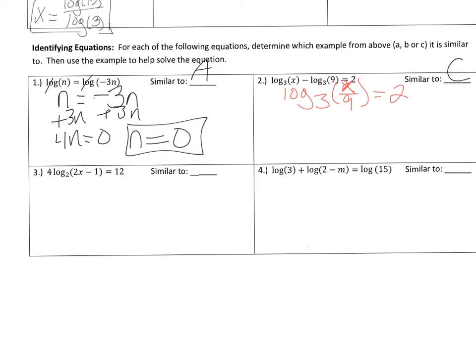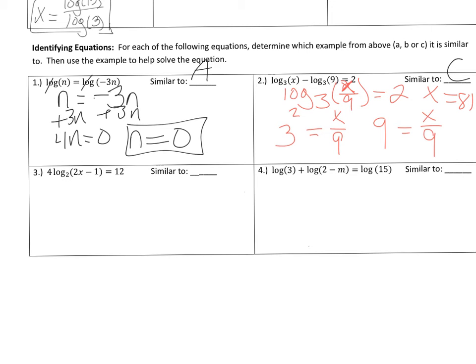And then the spiral trick says 3 raised to the second power is equal to x divided by 9. So then 3 squared we know is 9 equals x divided by 9. So then x has to be 81, because 81 divided by 9 is 9.